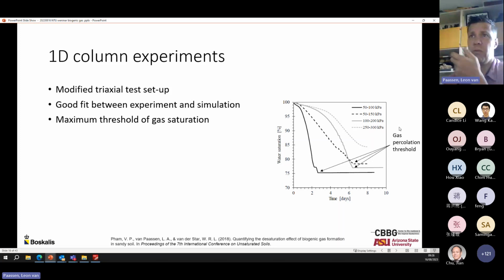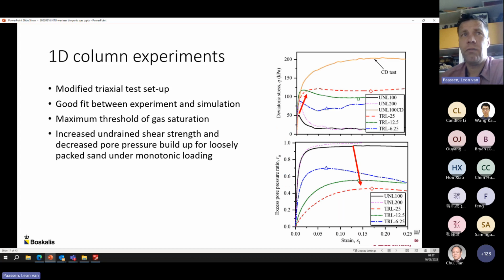We call this the gas percolation threshold. As soon as you reach that threshold, you form a continuous gas phase, and any additional gas formed will just vent out of your system. We found that this was quite consistent over different pressure conditions, so this is really a property of the sand, such as the packing and the grain size distribution.